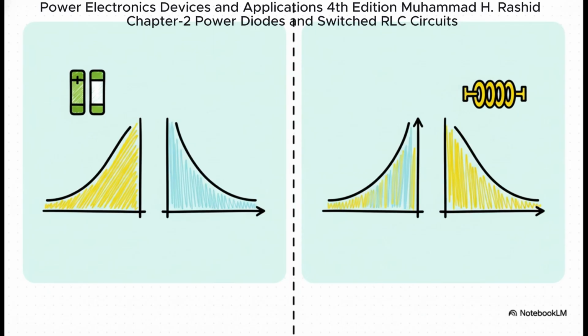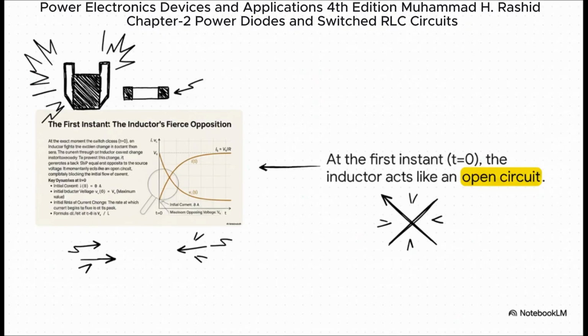It's like they're mathematical twins, just playing opposite roles. So at that very first instant, the inductor acts like a completely open circuit. It generates a voltage that's equal and opposite to the source, totally blocking that initial flow of current. It's a complete flip from the capacitor. The capacitor welcomed the current, but the inductor at t=0 fights it with everything it has.